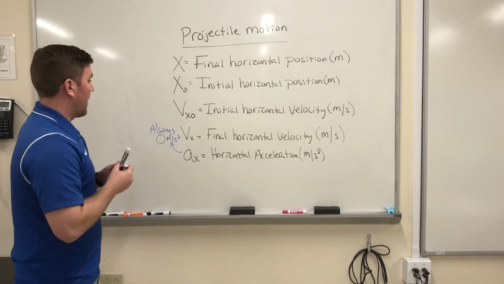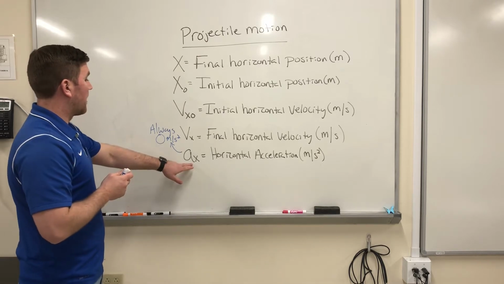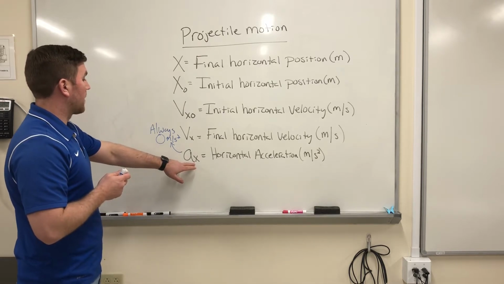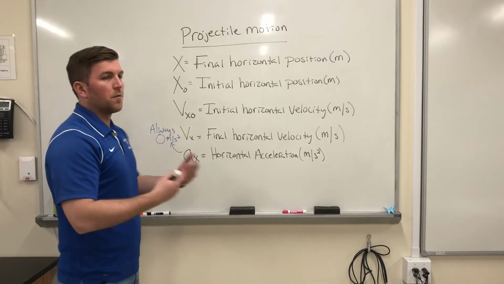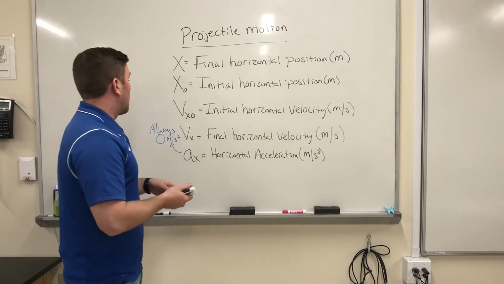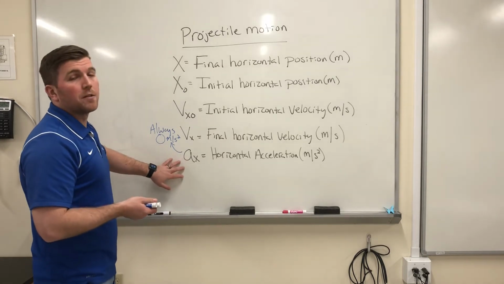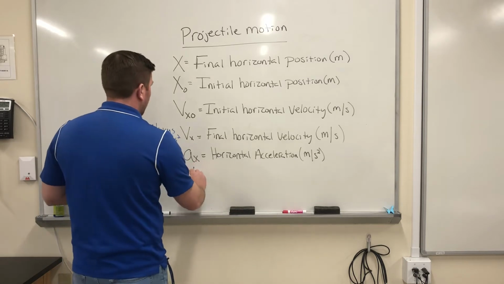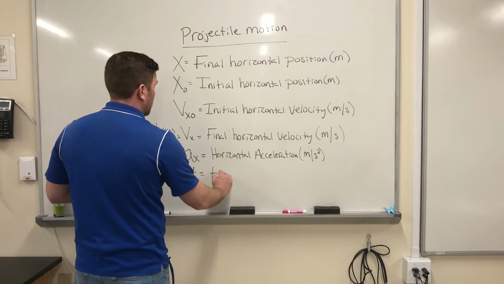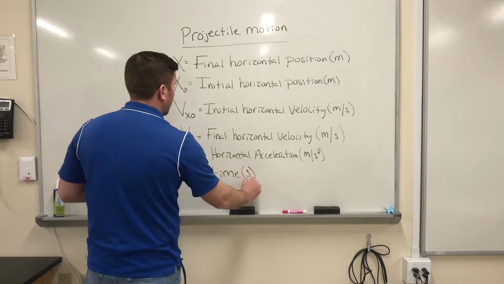So you're never going to have a number in horizontal acceleration other than 0. We always ignore air, so there's no horizontal acceleration from that. We never have horizontal acceleration in any of the problems that we're doing. And then we have t, which is time, and we measure that in seconds.